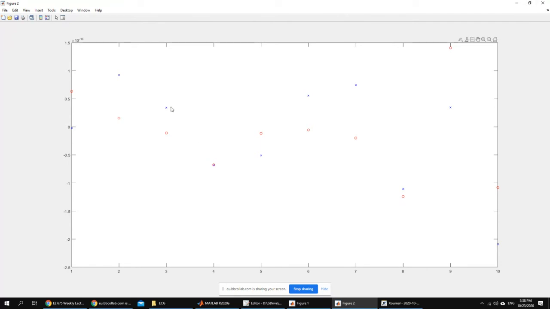The circles and the X's are like that, like what you see here. It's actually very difficult to see whether they are separated or not. We can see that it's very difficult to separate the circles from the X's.